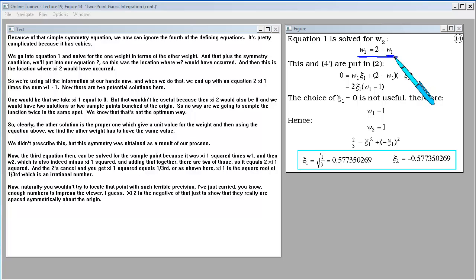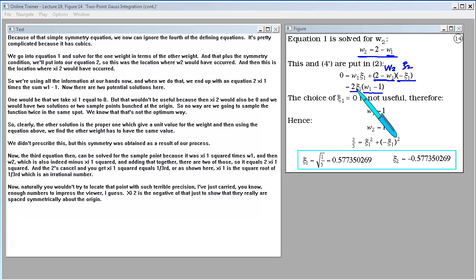And that plus the symmetry condition we'll put into our equation 2. So this was the location where W2 would have occurred. And then this is the location where C2 would have occurred. So we're using all the information at our hands now. And when we do that, we end up with an equation 2C1 times the quantity W1 minus 1.